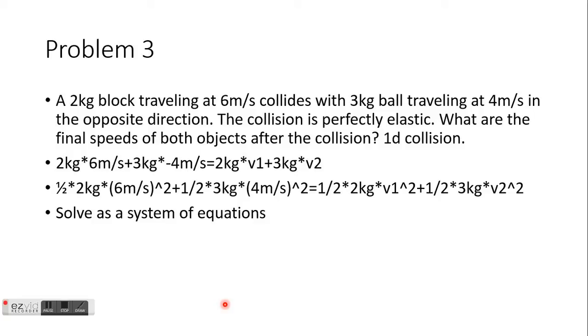You all know how to solve a system of equations. And so you would get that V1 is negative 6 meters per second and V2 is 4 meters per second. And just as I said in the beginning, this proves that the shortcut works, but it also shows how to solve it if the shortcut isn't usable.